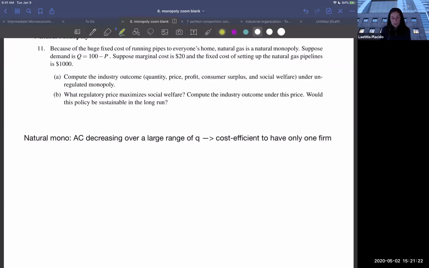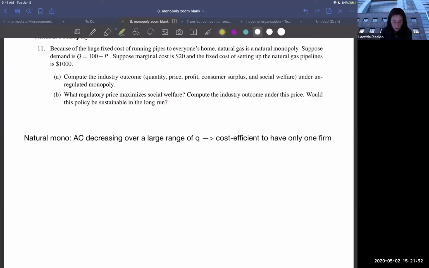We usually define natural monopolies by the structure of their costs. In particular, natural monopolists will have an average total cost that is decreasing over a large range of output, and this has an important implication.